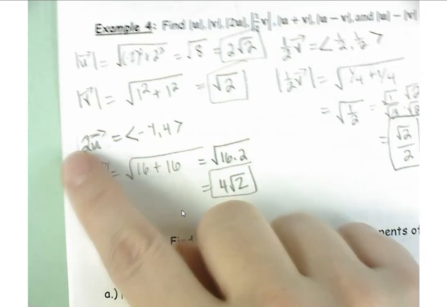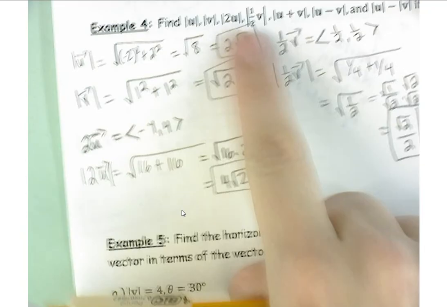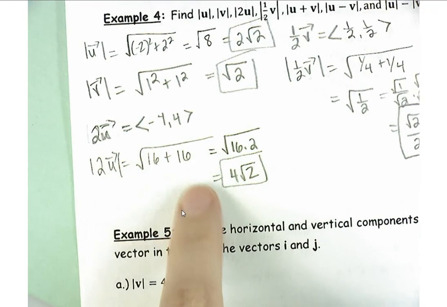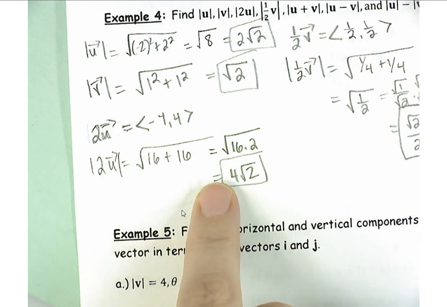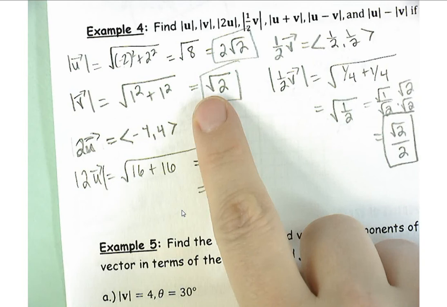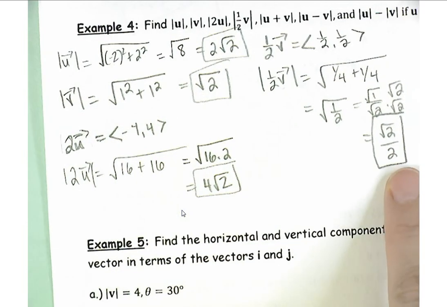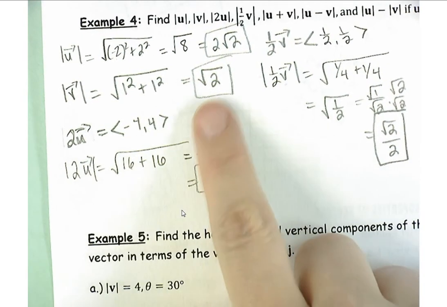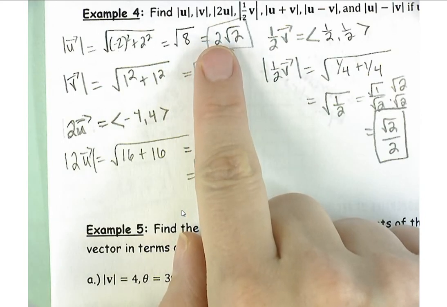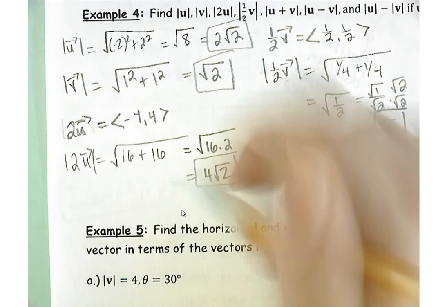Okay, now notice what happened here. I found the magnitude of u, and I got 2 root 2. I found the magnitude of 2u, and I got 4 root 2. What's another way I could find this? Divide the magnitude of u by 2 if it's 1/2 u. So here you have root 2 and then root 2 over 2. For that one you could divide by 1/2, and for this one you could multiply by 2. See how it's multiplied by 2?